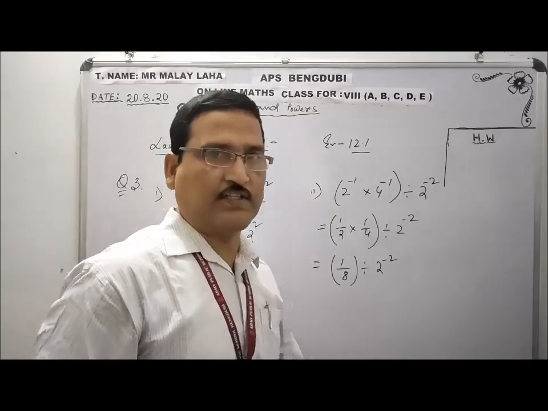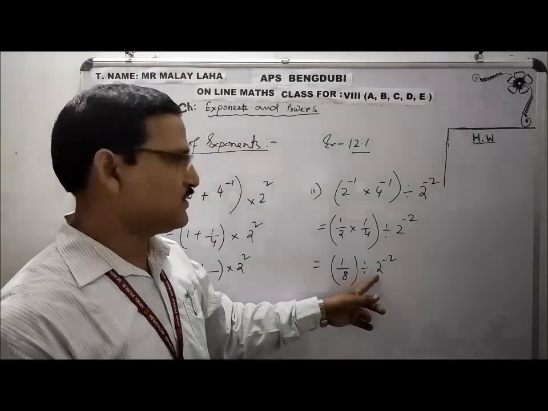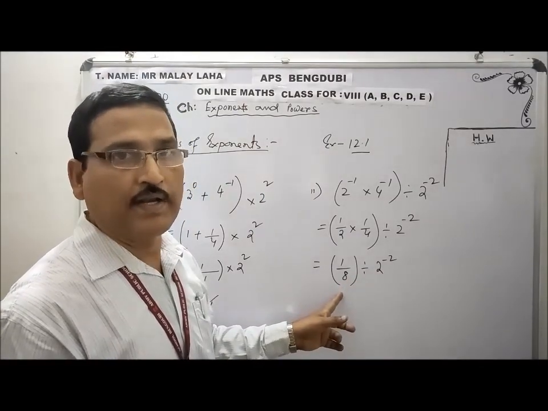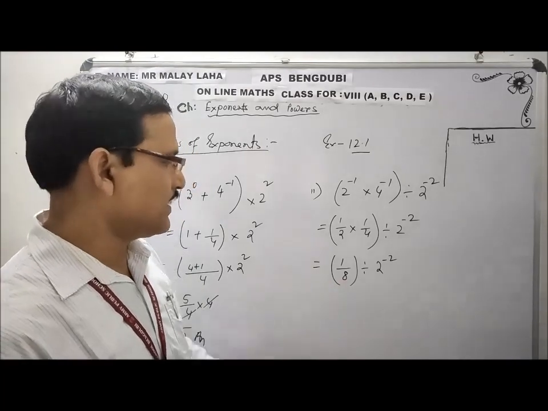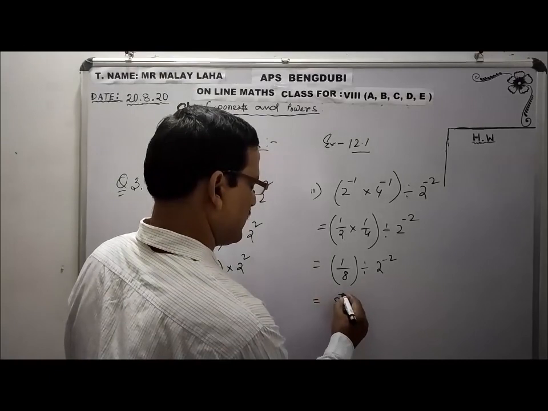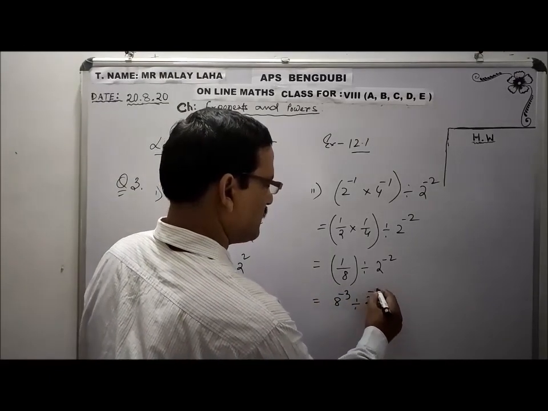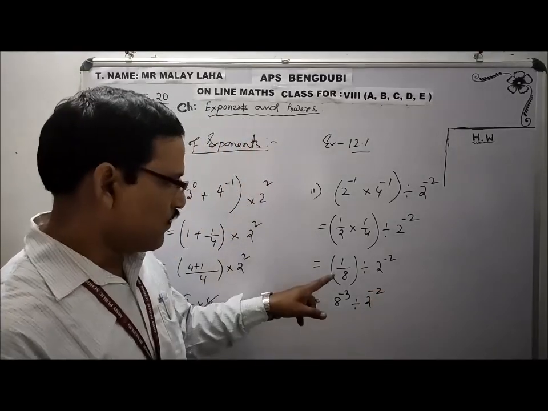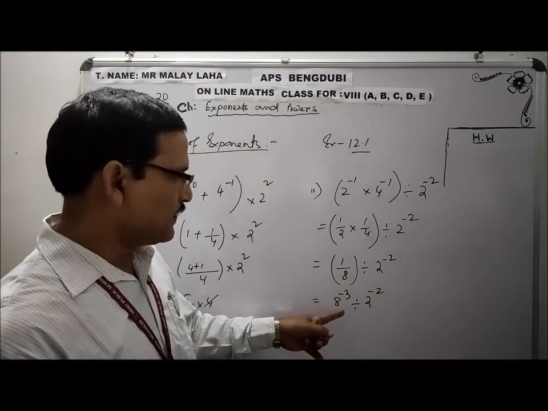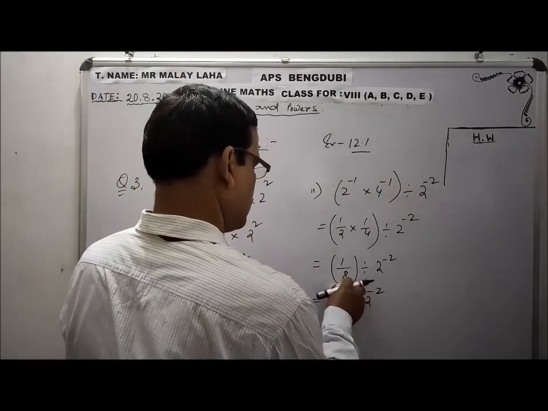This is a very interesting section. Now what will you do? Its base is 2 or its base is 8. How can I write down this one? I can write it as 8 raised to minus 1 divided by 2 raised to minus 2.